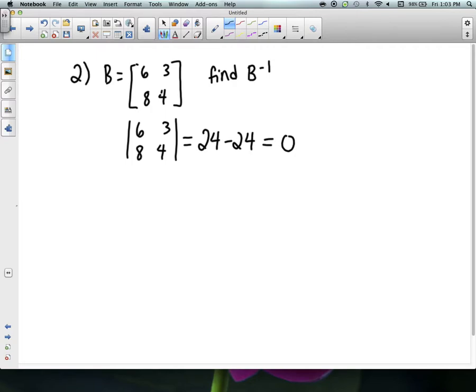That's no good because if we start to do the inverse, it's undefined. So you can stop once you get 0 for the determinant. If your determinant is 0, then there is no inverse.